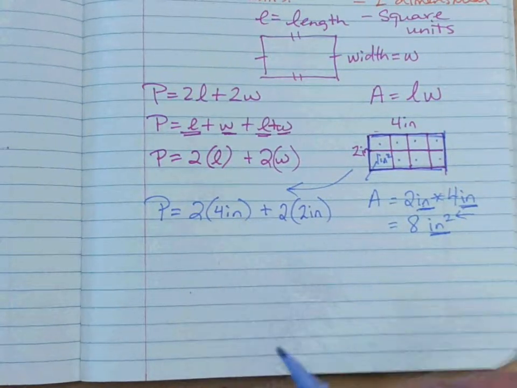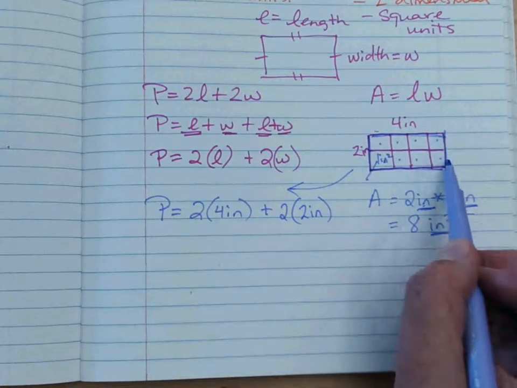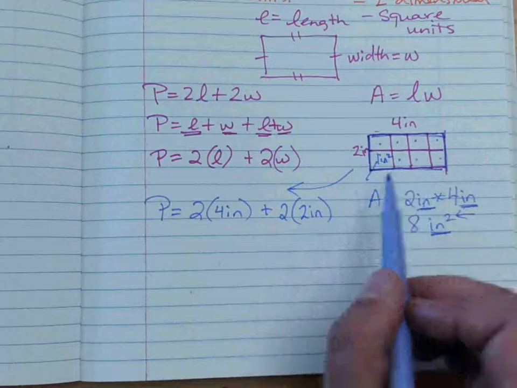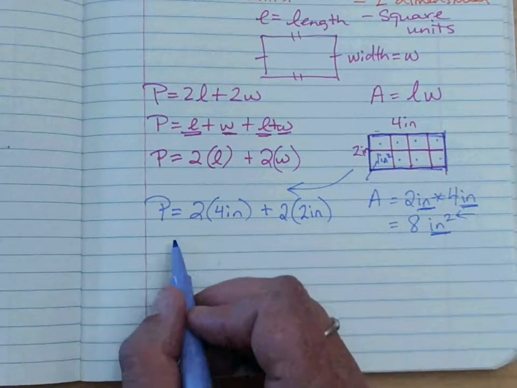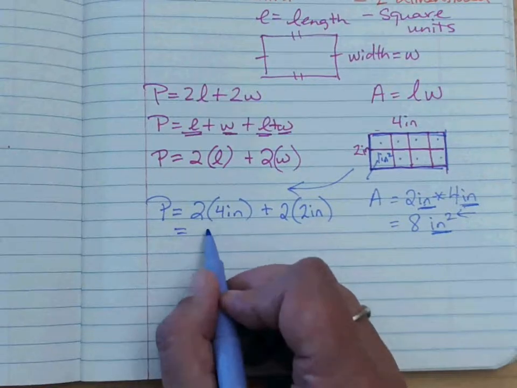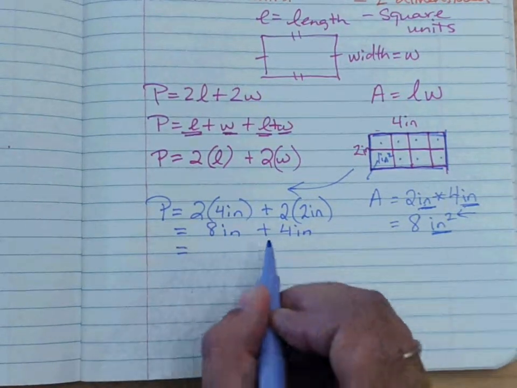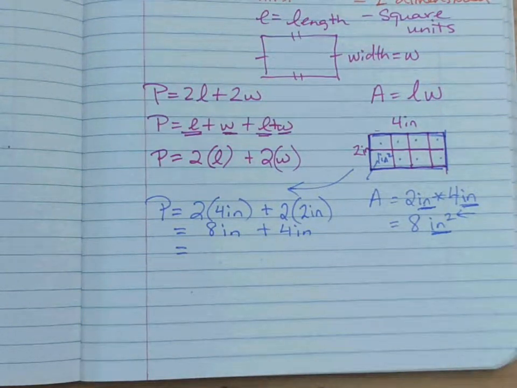Here, notice I'm not multiplying inches times inches. When I walk around the outside, the perimeter is always going to be just a straight line. That's why it's just inches. So the perimeter is equal to 8 inches plus 4 inches equals, how many inches altogether around the outside of the rectangle?